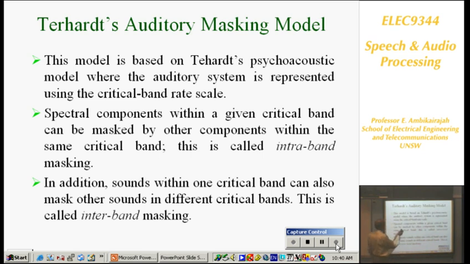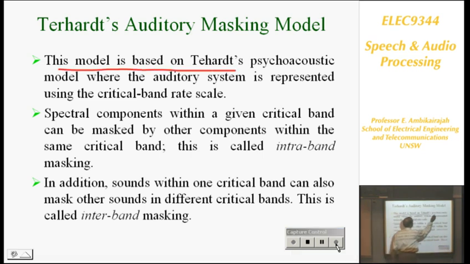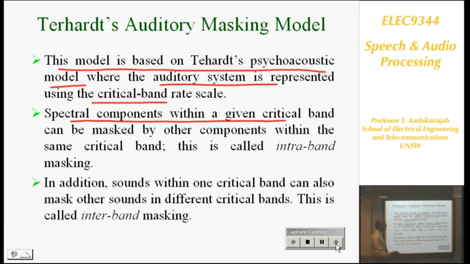Okay? So this model is based on Terhardt's psychoacoustic model, where the auditory system is represented by the critical band rate scale. And the spectral components within a given critical band can mask the other components. We call them intra-band. I have mentioned that already.